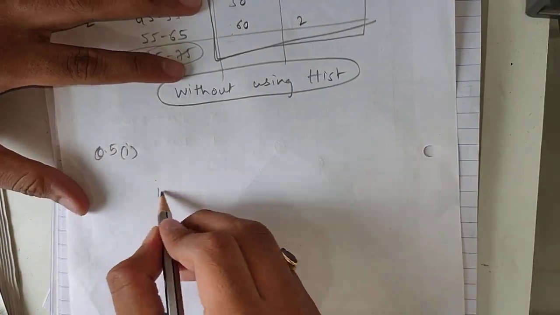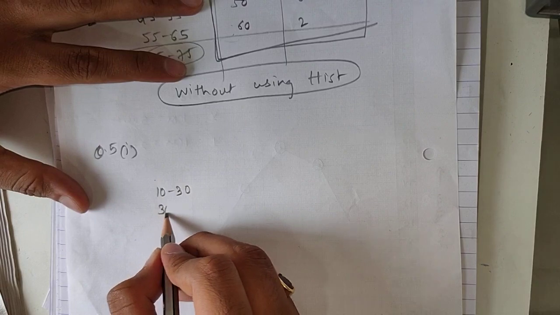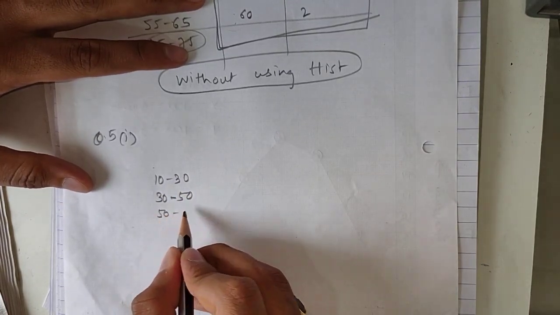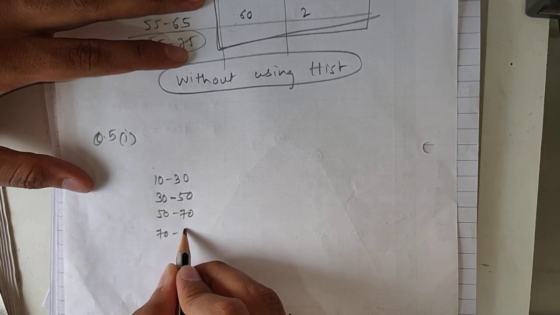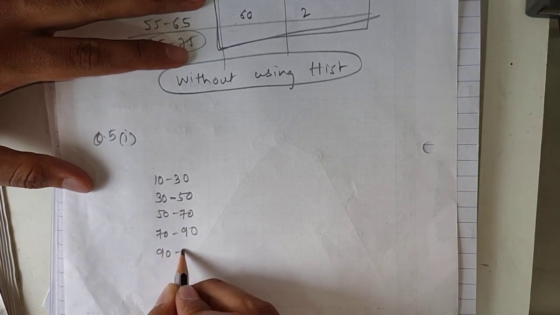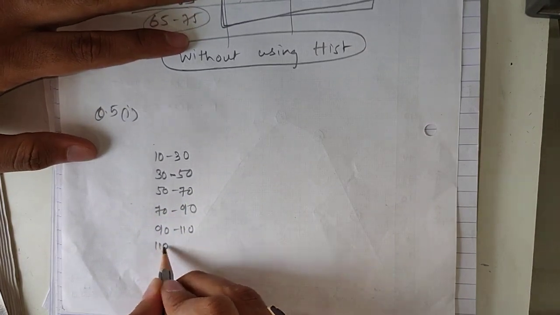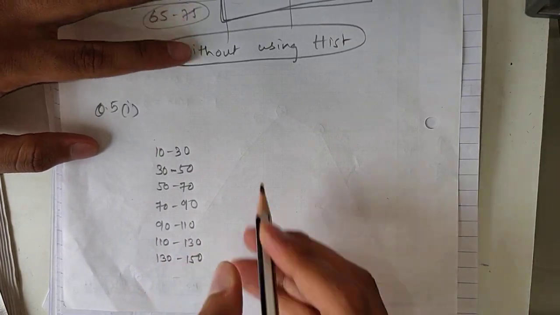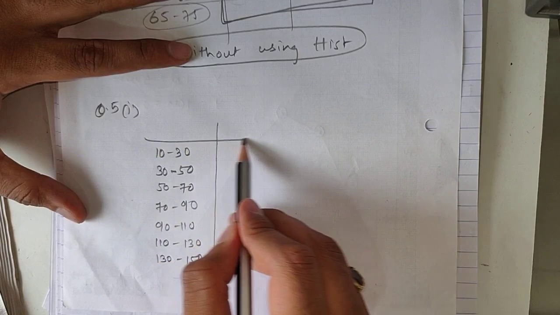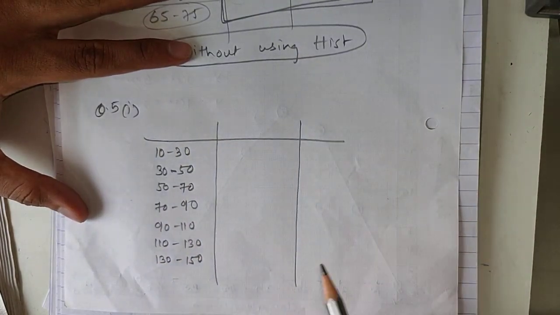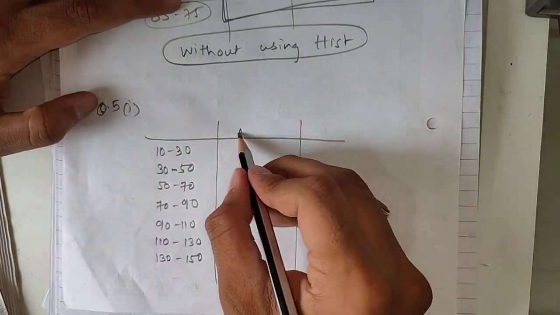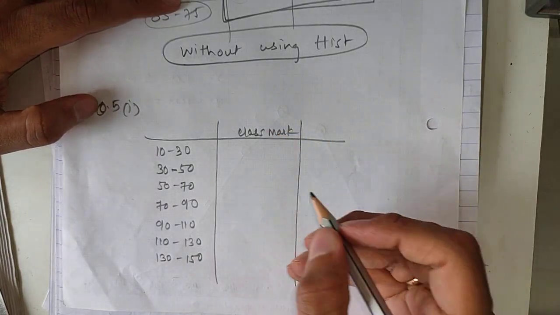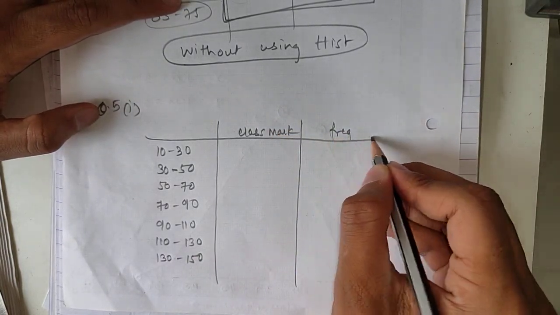Now the first one, the table is 10 to 30, 30 to 50. I've told you we are doing it without histogram, so I'll write here class mark, and this is frequency.